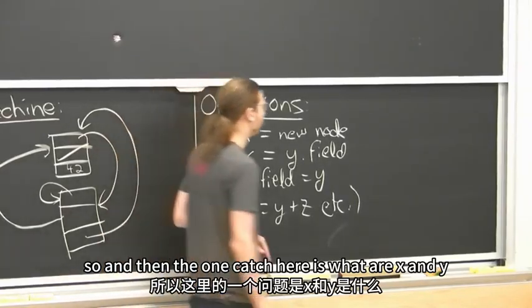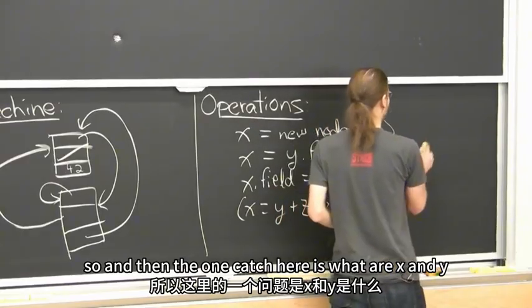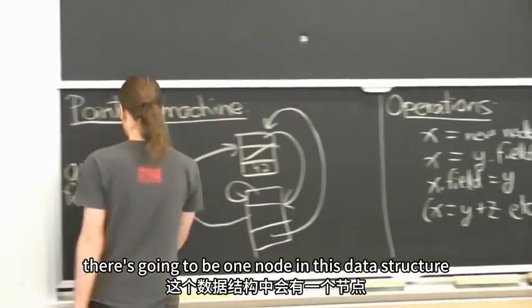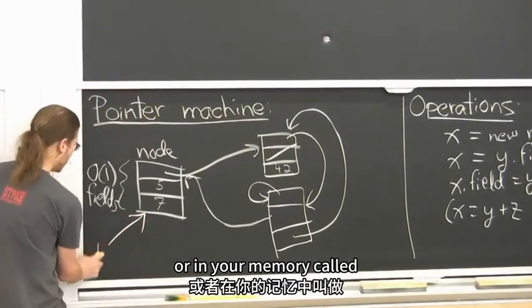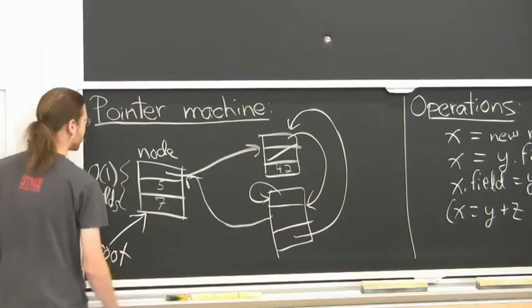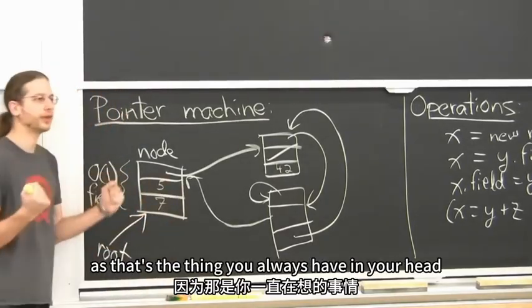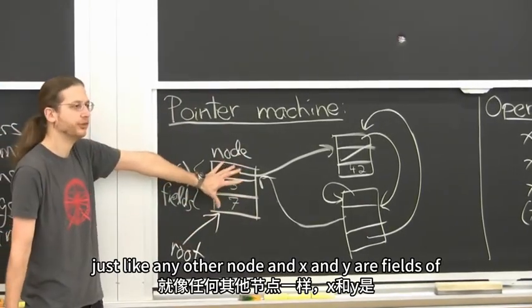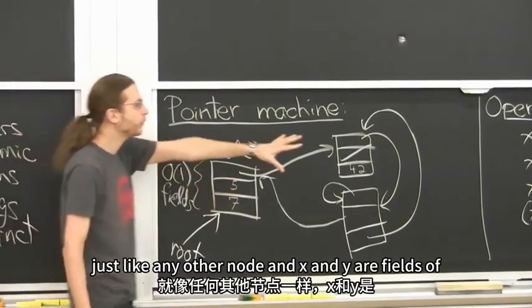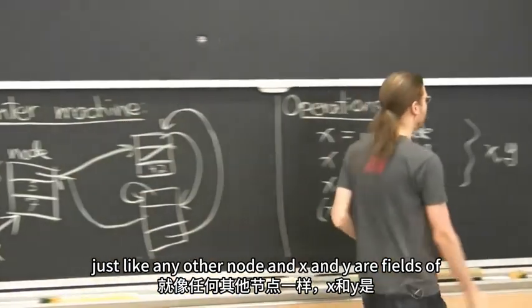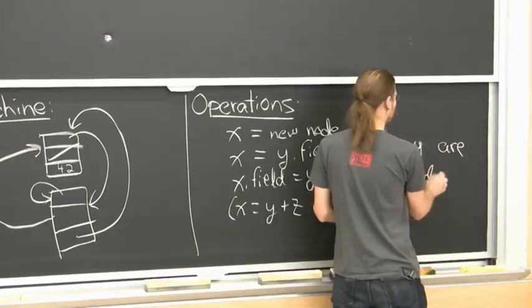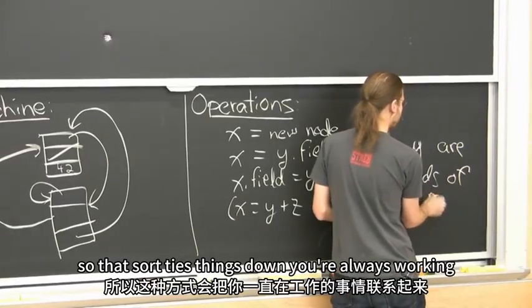And then the one catch here is what are x and y? There's going to be one node in this data structure, or in your memory, called the root node. You can think of that as the thing you always have in your head. This is like your cache, if you will. It's just got a constant number of things, just like any other node. And x and y are fields of the root. So that sort of ties things down.